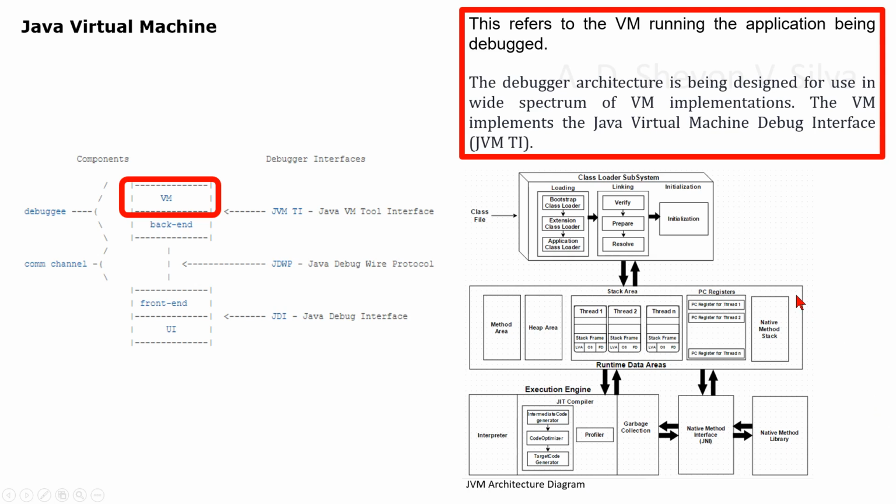Class loader subsystem. Java's dynamic class loading functionality is handled by the class loader subsystem. It loads, links, and initializes the class file when it refers to a class for the first time at runtime, not compile time.